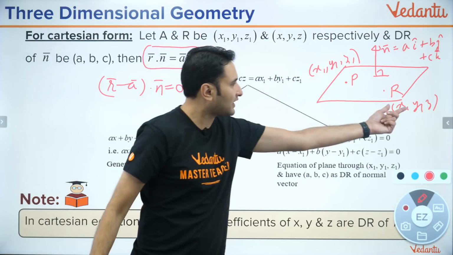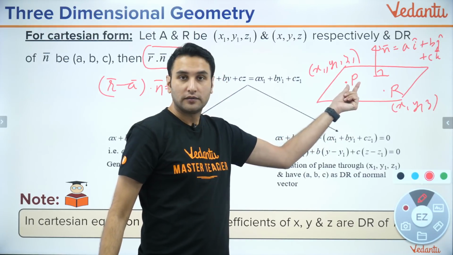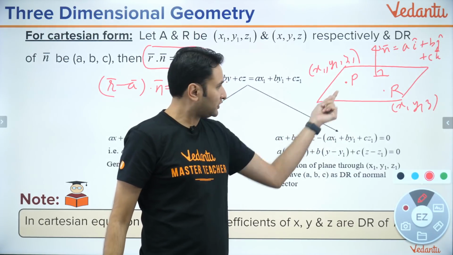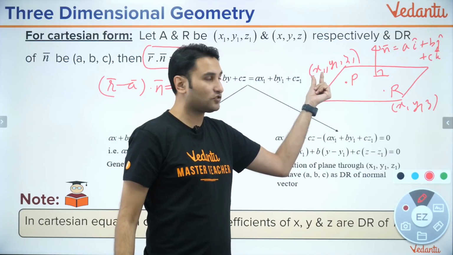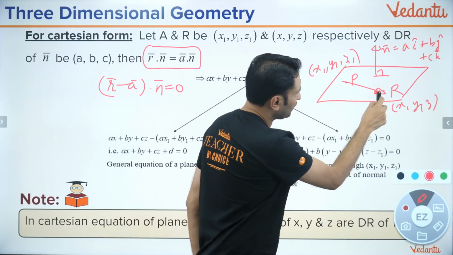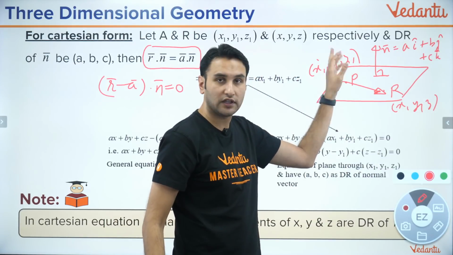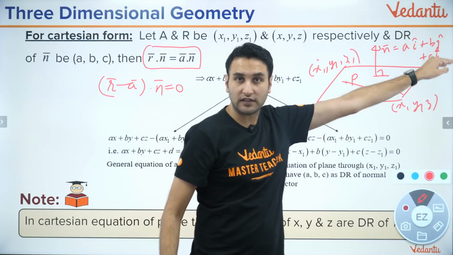Put the values. What is R vector? xi yj zk. A vector or P vector, meaning the vector representing this point, was x1i plus y1j plus z1k. Subtract the two. How much will this vector be? x minus x1, y minus y1, z minus z1, dot with abc.